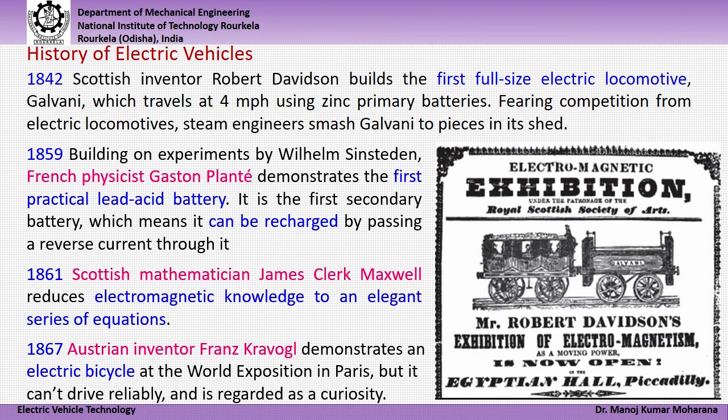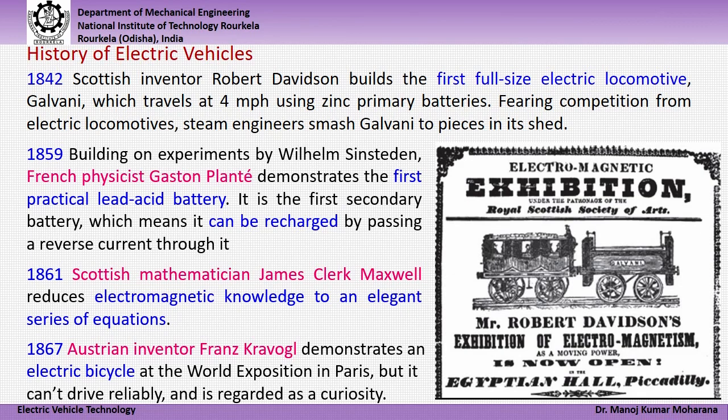In 1867, Austrian inventor Franz Kravogl demonstrated an electric bike at a world exhibition in Paris, but he was not able to drive it very reliably.